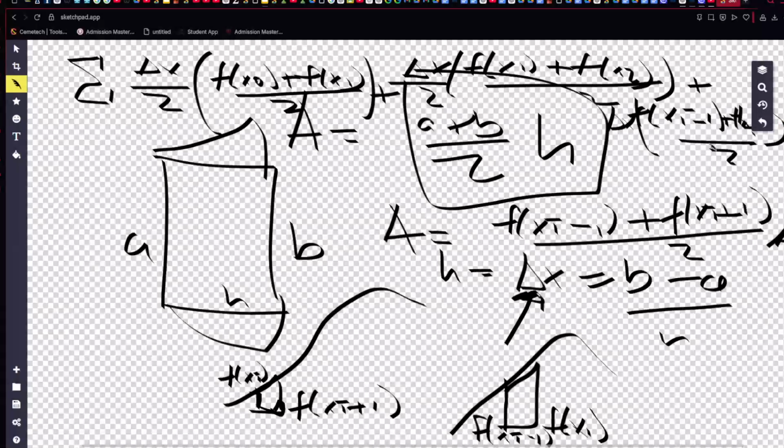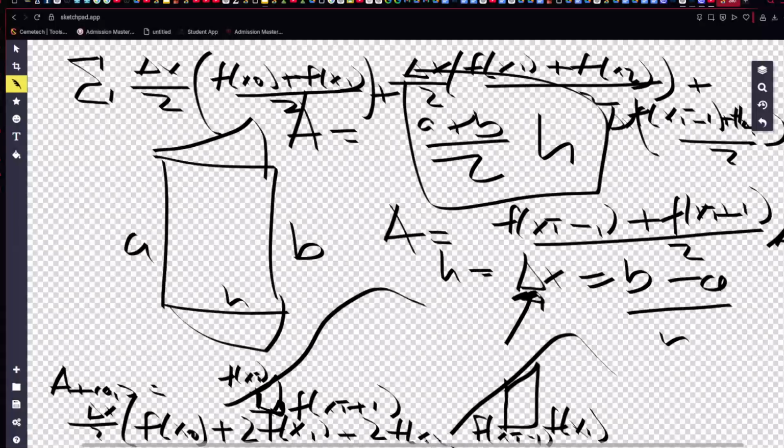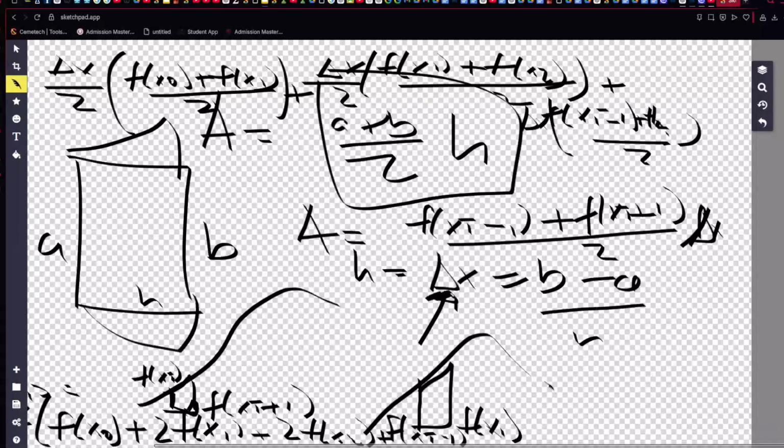Well, math is just logic, and you can see that every point is repeated except the first and the last. So you can rewrite the area of the trapezoid formula as delta x over 2, because you can factor that out of every one, times f of x sub 0 plus 2f of x sub 1 plus 2f of x sub 2, and so on and so forth, all the way until f of x sub n.